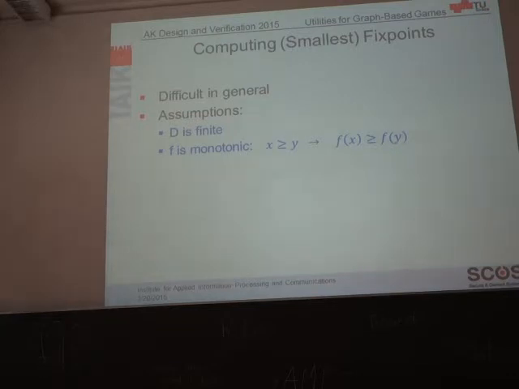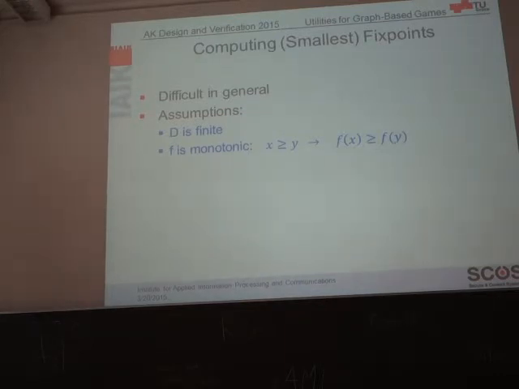The first assumption is that our domain of elements is finite. So the set of natural numbers would not work, but any finite domain would work. And the second assumption that we impose is that our function f is monotonic. Intuitively, this just means if we put in a larger value, then we can only get out a larger value. We cannot get out a smaller value. So the function f only increases, it doesn't decrease.